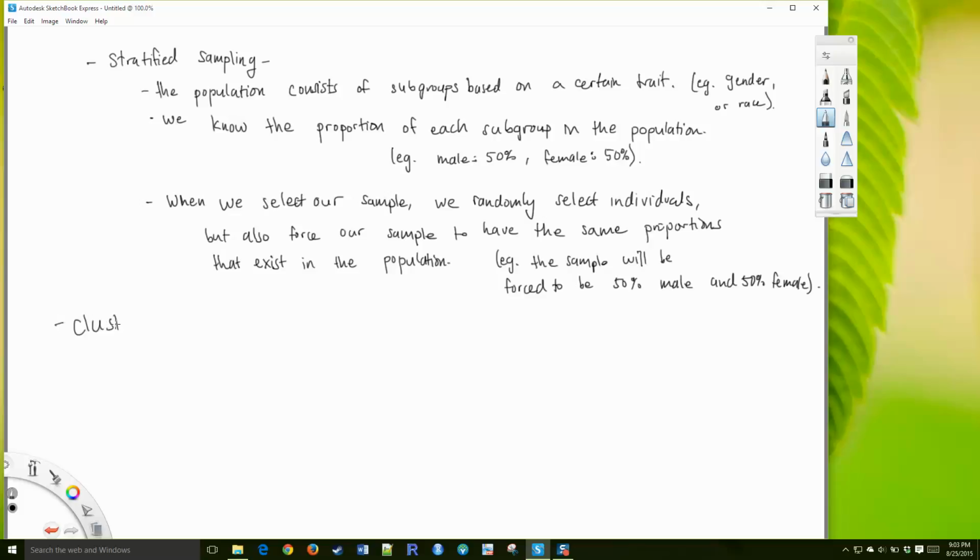All right, and then lastly, we have cluster sampling. Okay, so in here, the population consists of subgroups.